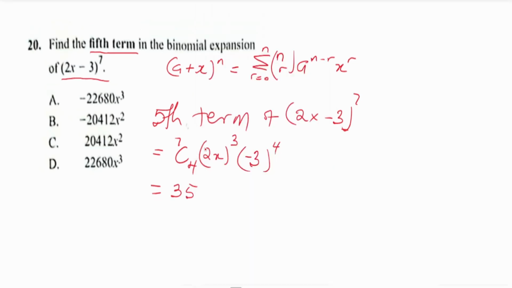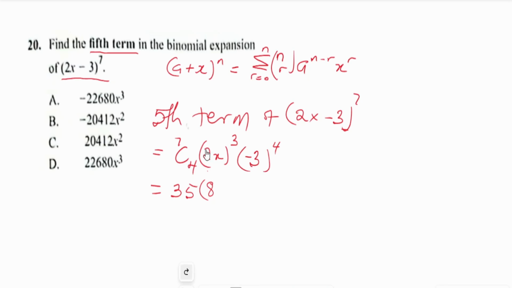Now remember, we put this in parentheses for a reason, so that we know that this will be 2 cubed and then x cubed. So 2 cubed is 8. Then x cubed is also here, but I'll put the x cubed last so I don't mess it up.